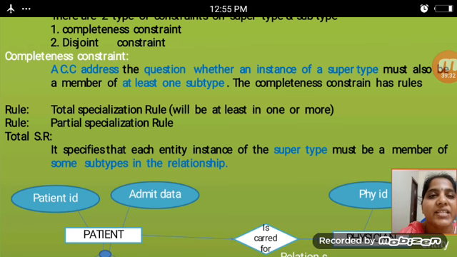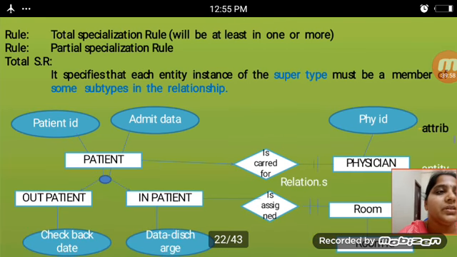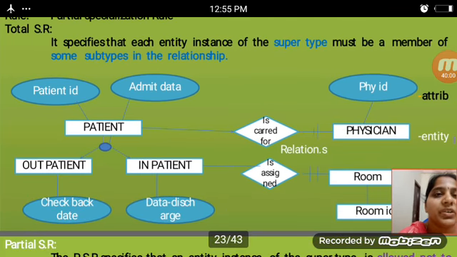Total specialization specifies that each entity instance of the supertype must be a member of some subtype in the relationship. Every instance of the supertype must be a member of some subtype in the relationship. In this, I'm going to take an example.